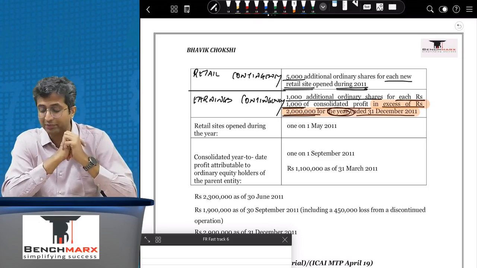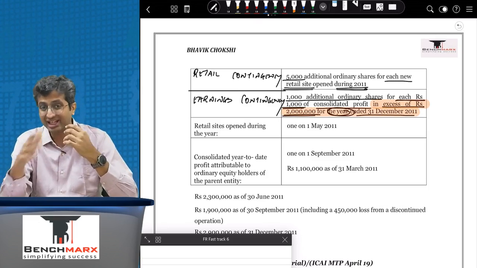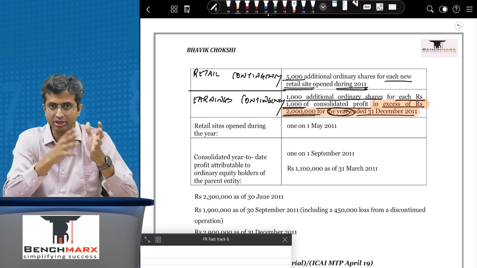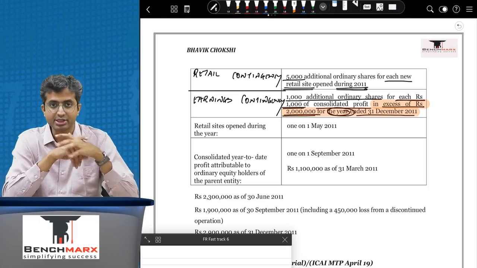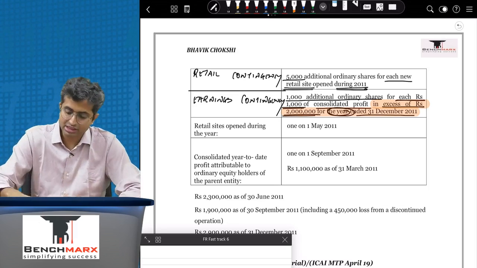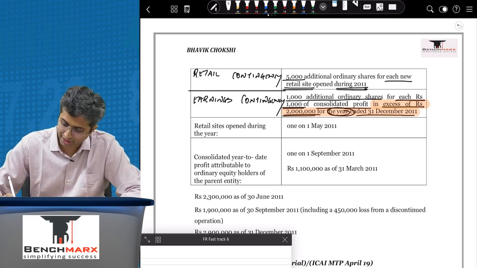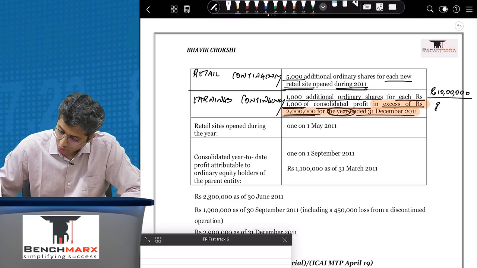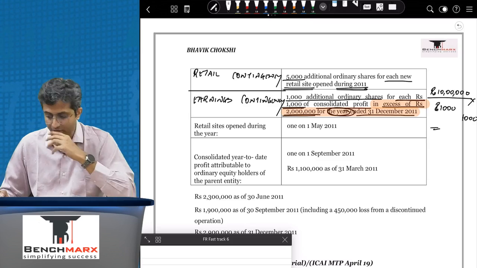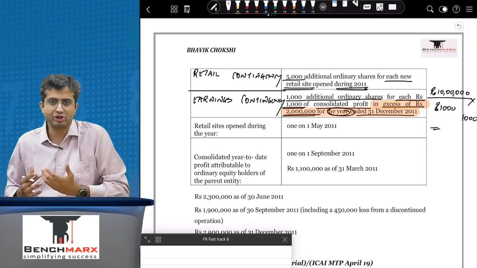So for example, the profit for the year 2011, that is the current year, let's say comes to 30 lakhs, which means 10 lakhs is in excess of rupees 20 lakhs. Then against this 10 lakh rupees, for every rupees 1,000 of the profit in excess, you are going to issue 1,000 shares. And as a result, 10 lakhs upon 1,000 into 1,000, you will issue 10 lakh shares.